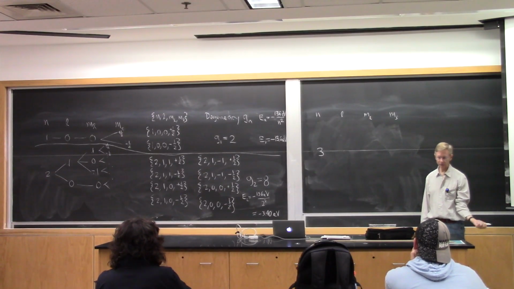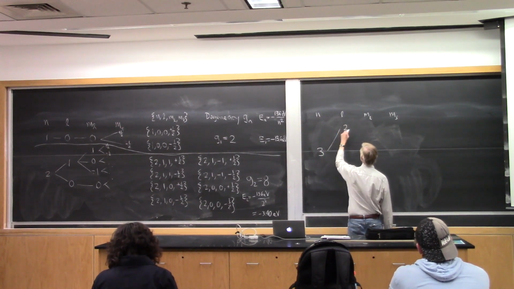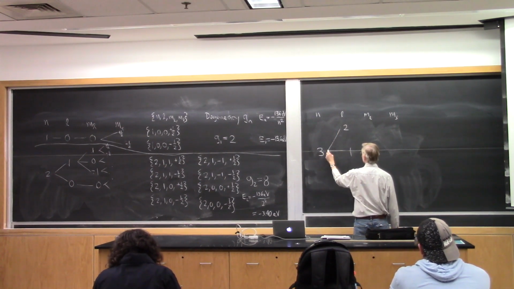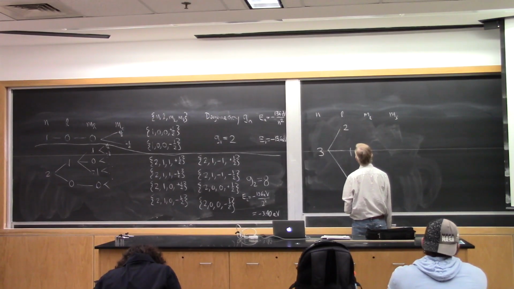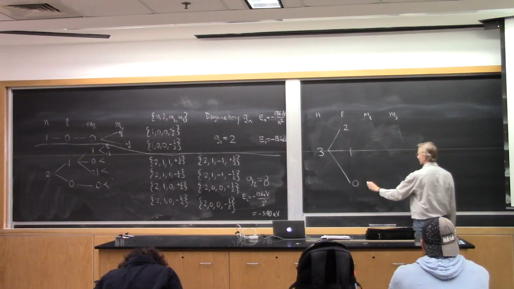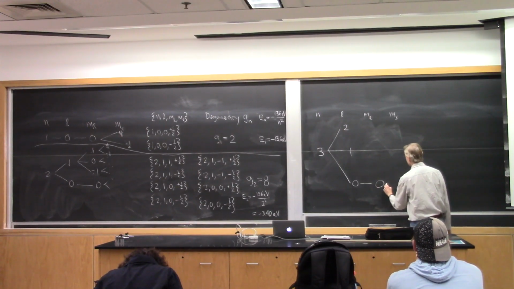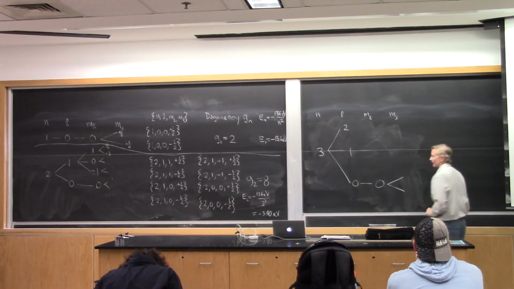It goes from 0 to n minus 1. And for L equals 0, what's m sub L? 0. And then there's always the spin branches, right?